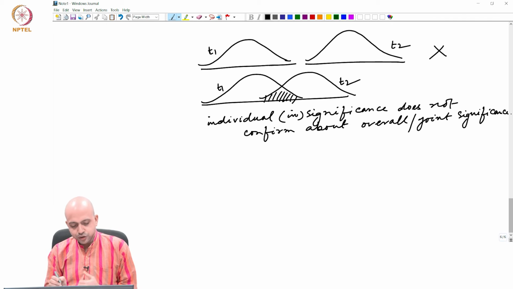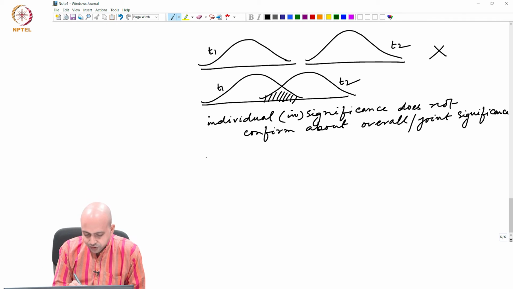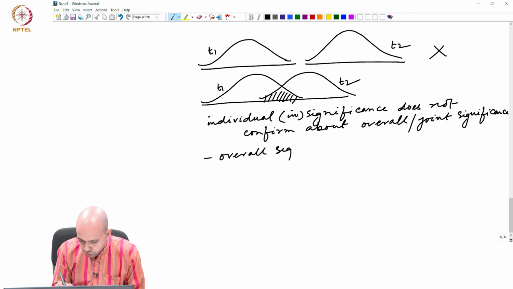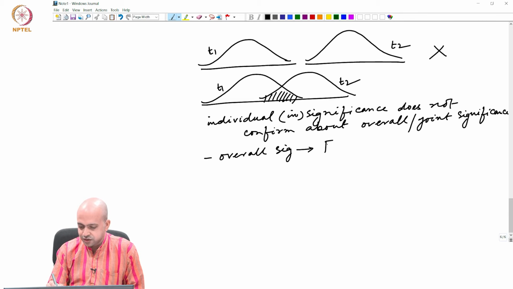For overall significance we need a different statistic, and that is F.